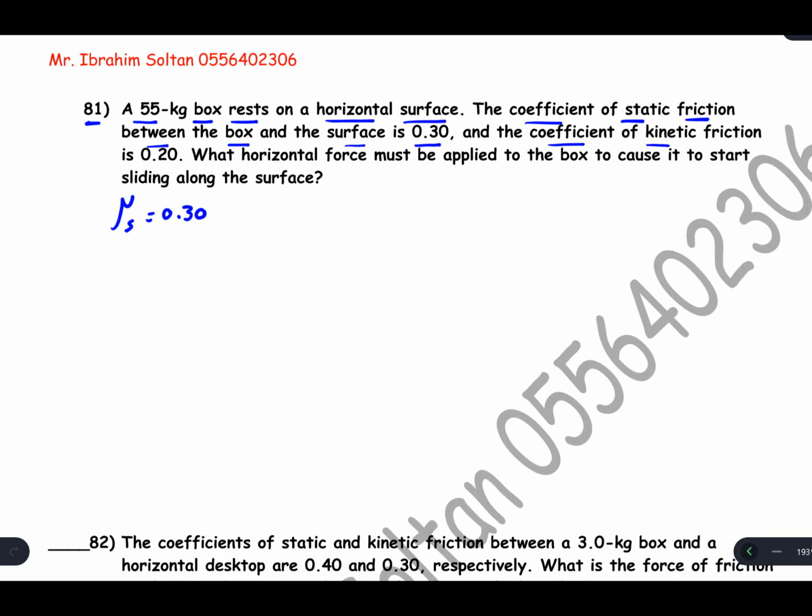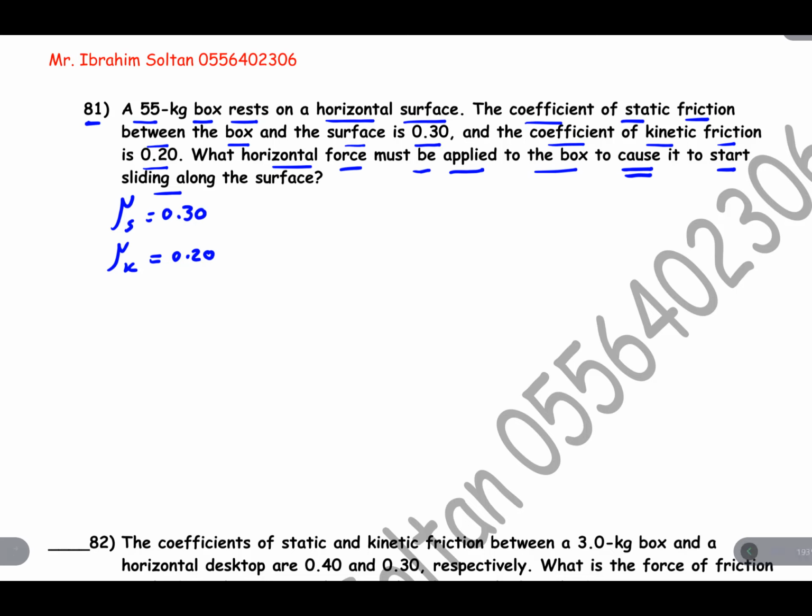And the coefficient of kinetic friction is 0.20, so mu k equals 0.20. What horizontal force must be applied to the box to cause it to start sliding?